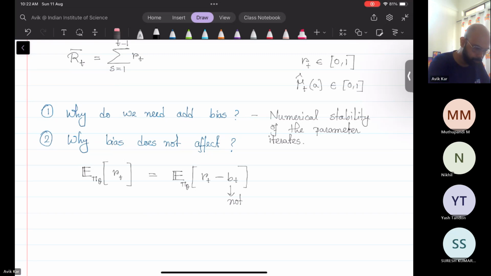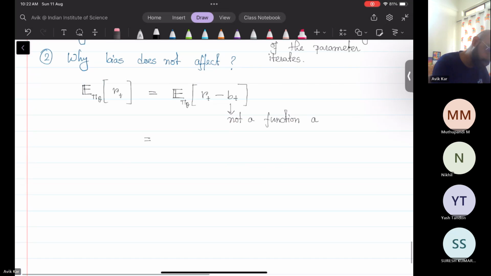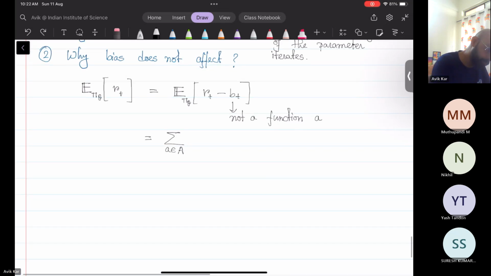BT is not a function of A, while RT is a function of A. So if we expand this expectation, it will be the summation over A of mu of A times pi theta of A minus BT. Here comes the thing: this BT doesn't depend on A. So BT times pi theta A.